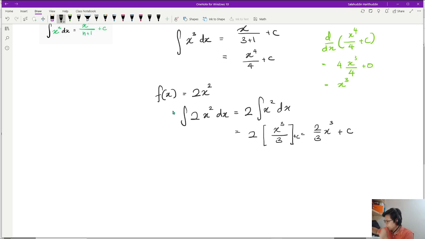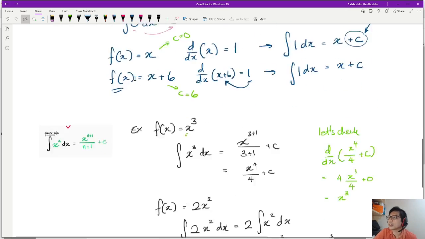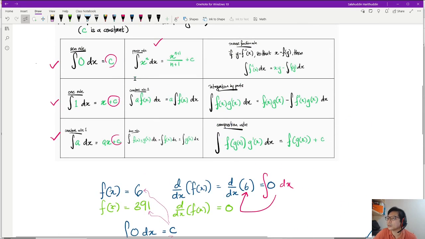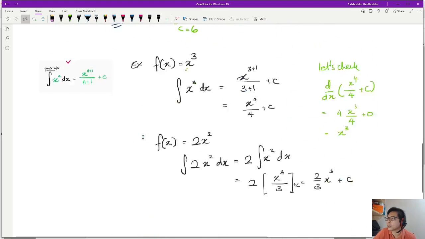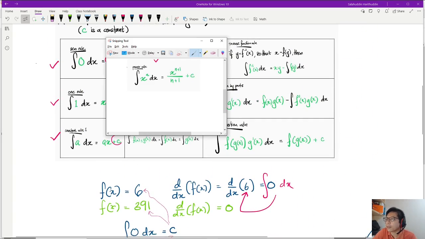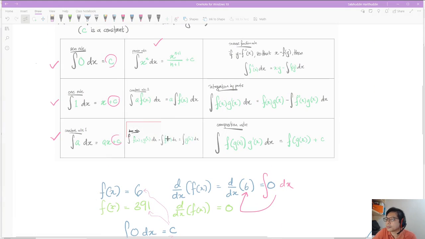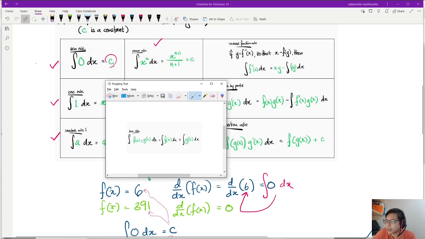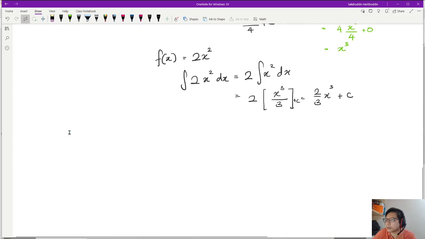Okay, so those are the easier parts. Let's pick this. I guess this is all too easy. The sum rule is simple.